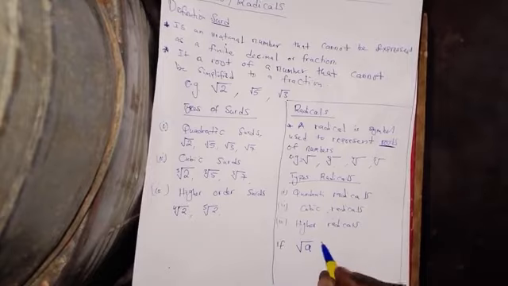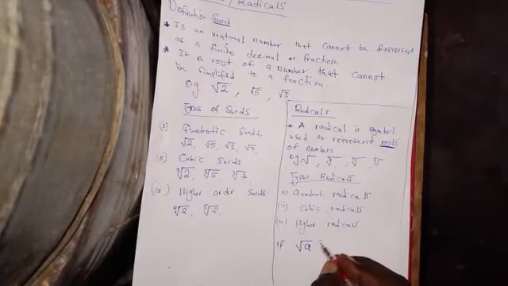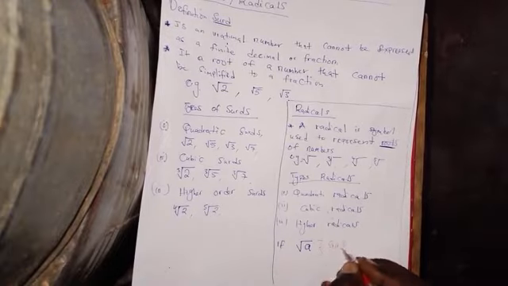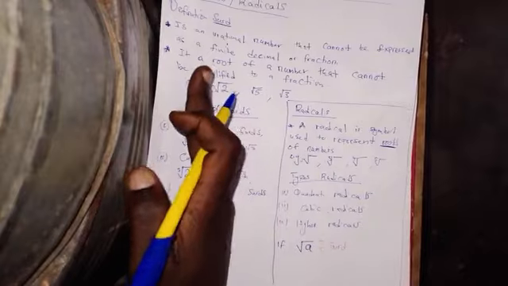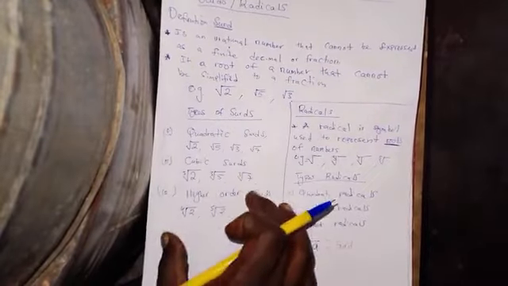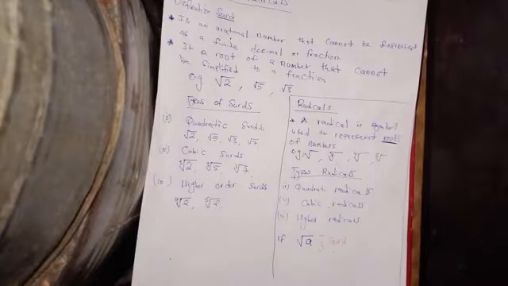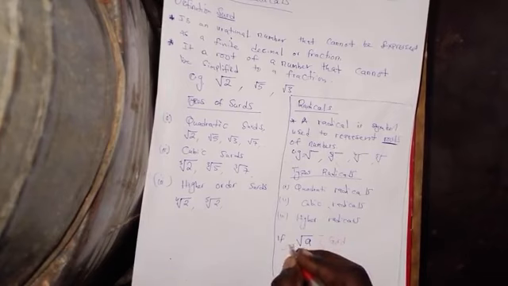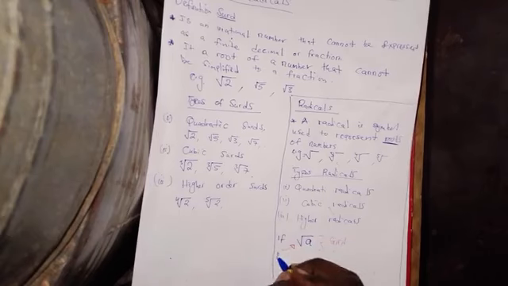So in short, this is a surd. Remember how we defined a surd. Now, joining the concept of surds and radicals, what are we trying to say? We are calling this root sign a radical.